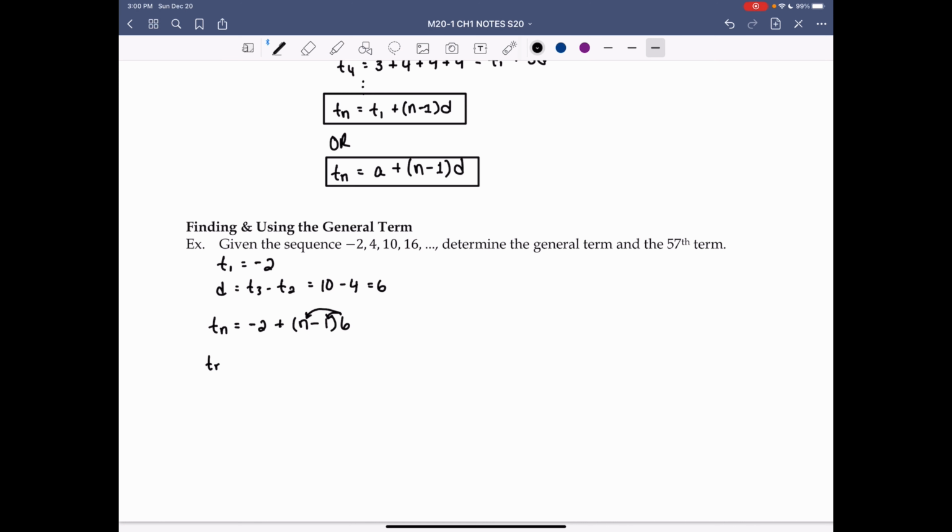We get tn equals -2 plus 6n minus 6, and then combine our like terms. We get tn equals -8 plus 6n, or you could write that as 6n minus 8. Either one, doesn't matter. So that's our general term.